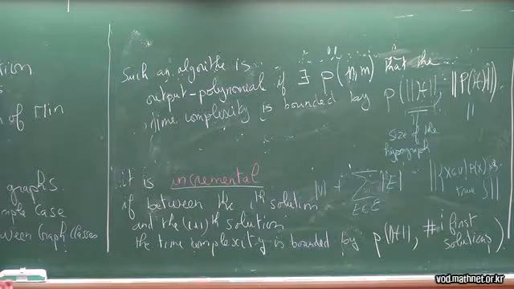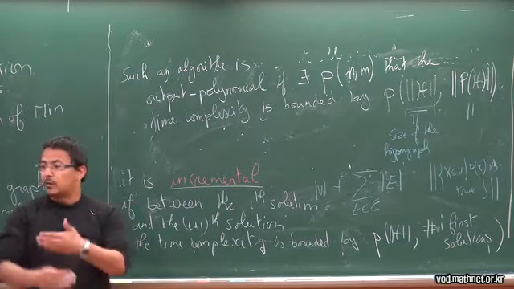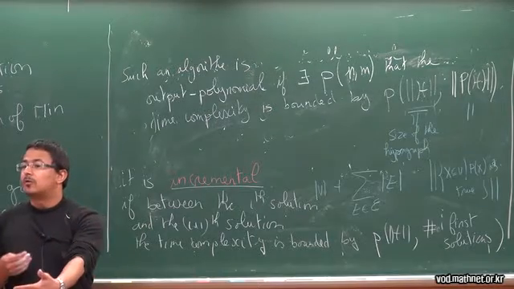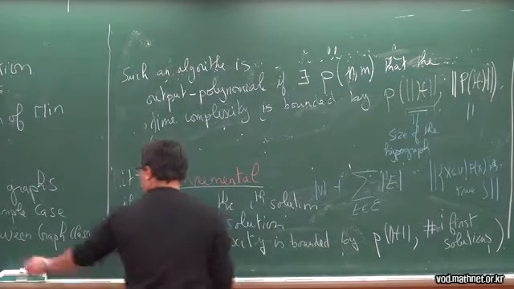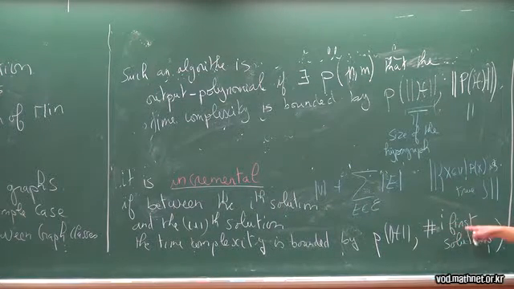That means at each step, you have a way to output one by one, and the time complexity depends only on what you have already computed. Okay, so now an incremental algorithm is polynomial delay if this polynomial does not depend on what you have already computed.